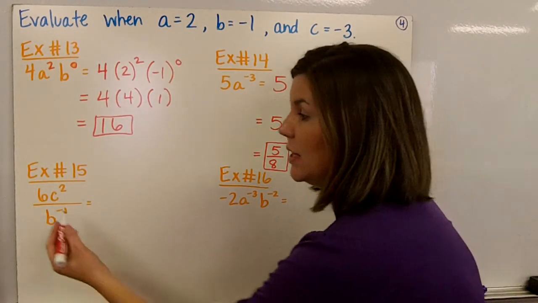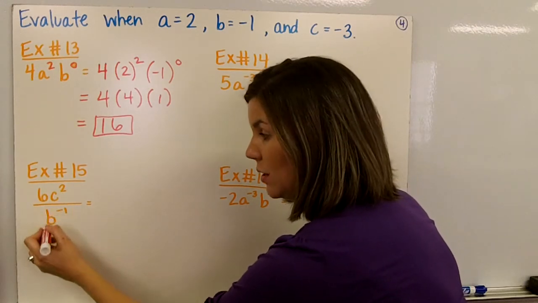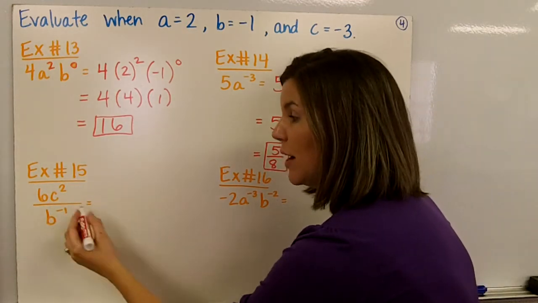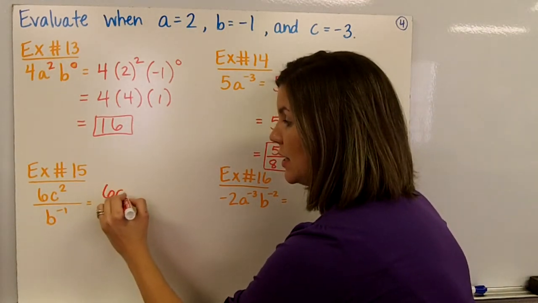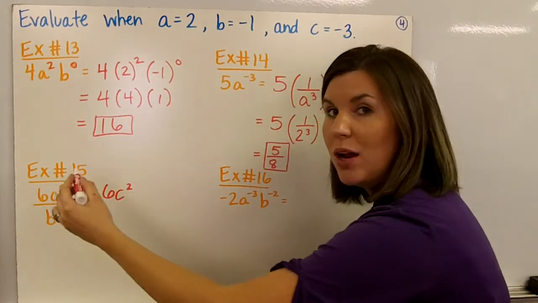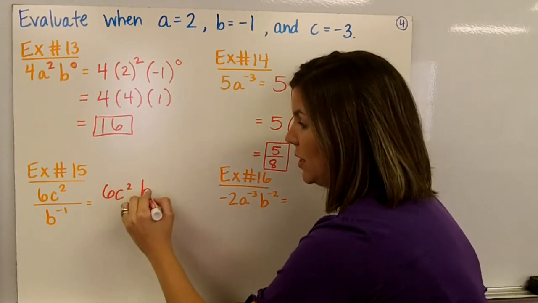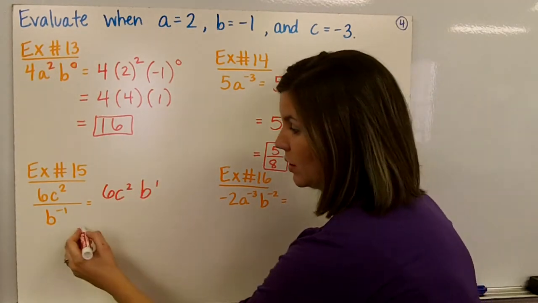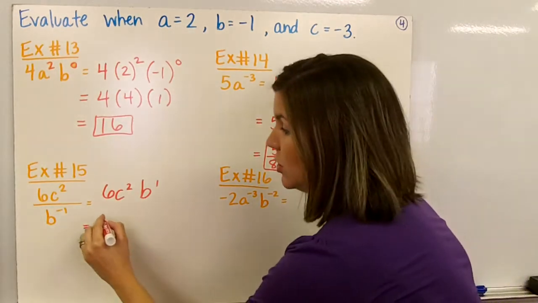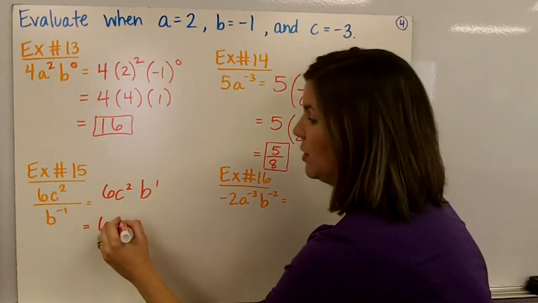Example number 15. 6c squared divided by b, this is a b, to the negative 1 power. So let's rewrite this. 6c squared. And remember, if we have a negative exponent in the bottom, it's going to come to the top and it's going to be positive. So b to the first. Now we can evaluate. We've gotten rid of our negative exponents. 6, instead of c, we're going to plug in negative 3.